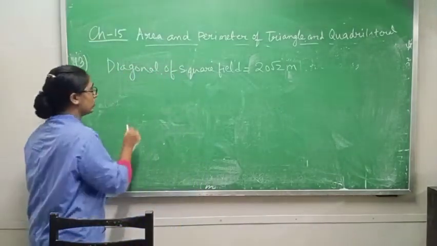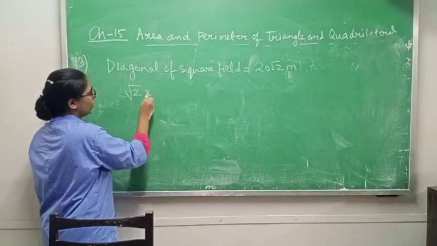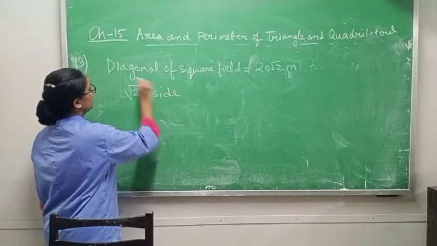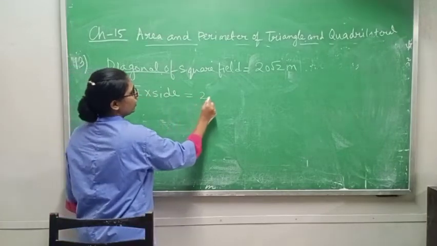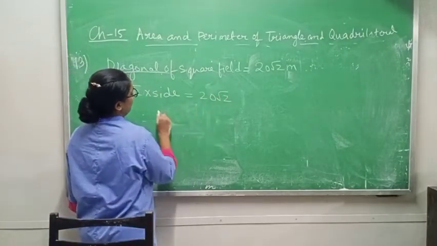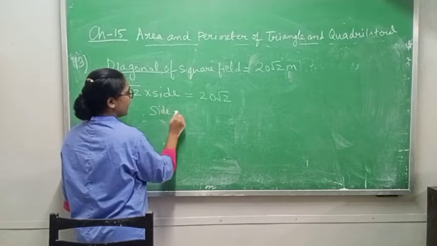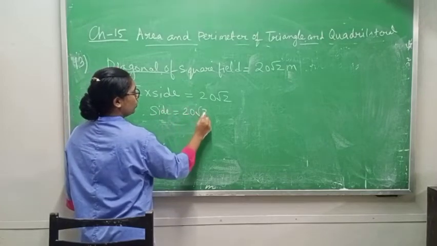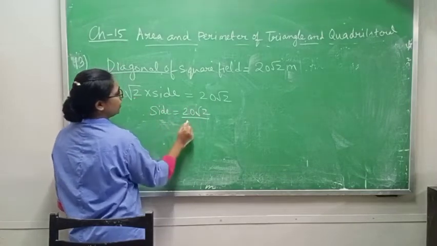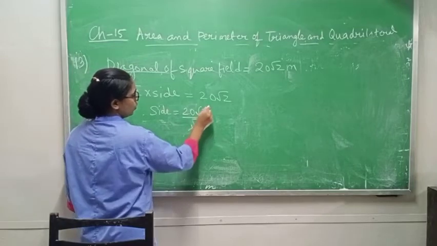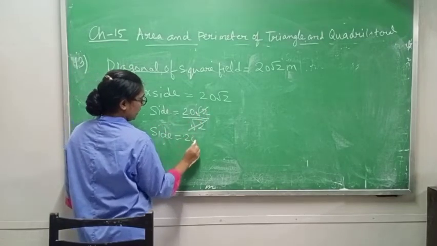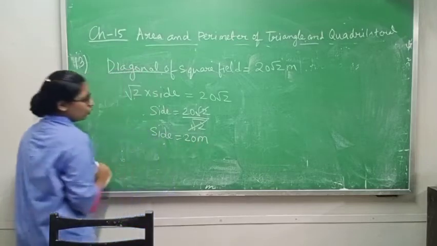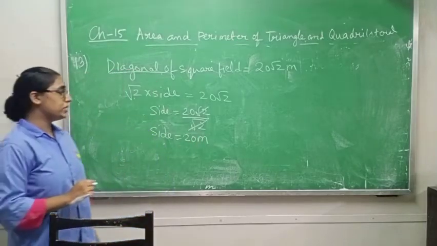In the last question you have done root 2 into side. So in this place, diagonal of a square field, you can write root 2 into side equals to 20 root 2. Now from here you will get side, which is 20 root 2 by root 2. Root 2 will cancel out. Side equals to how much you will get? 20 meter. So you will get 20 meter as a side.